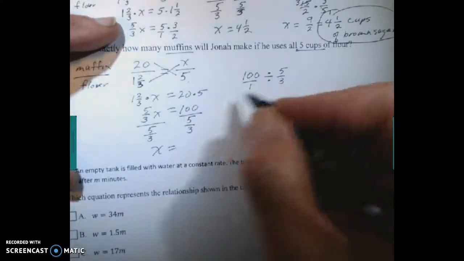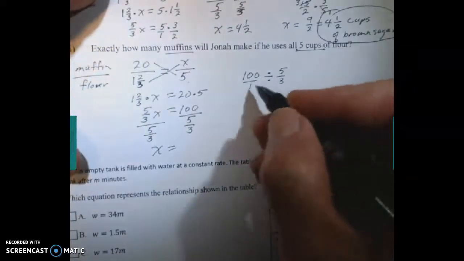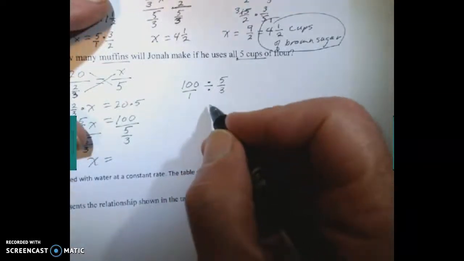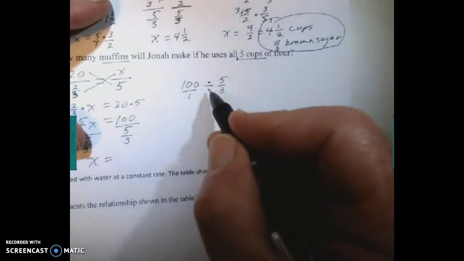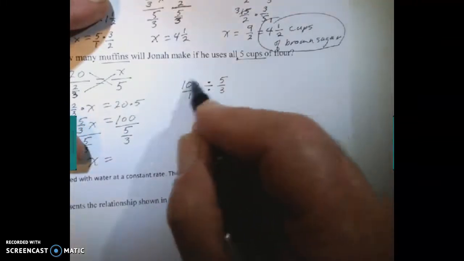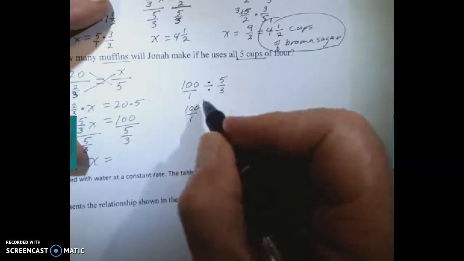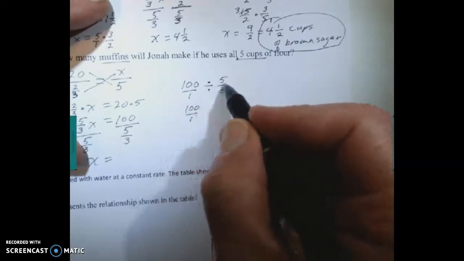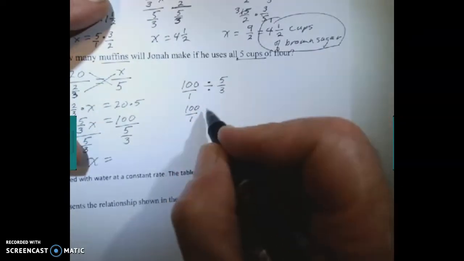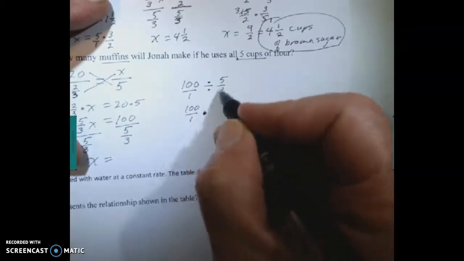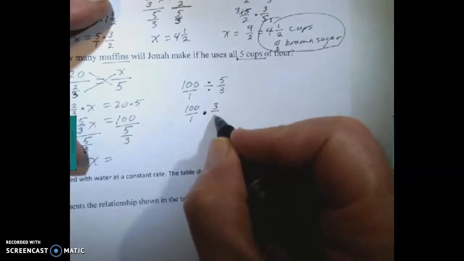100 over 1, since we're sort of dealing with fractions here, make that 100 look like a fraction. And you don't really divide with fractions. You multiply by the reciprocal. Leave the first one alone, 100 over 1. So it's keep dot flip or keep change flip, or you don't really divide, you multiply by the reciprocal, 3/5.